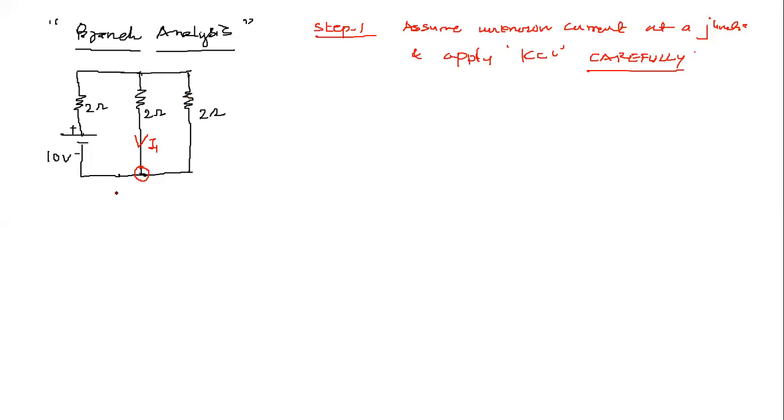So I've chosen a different junction wherein I'll apply KCL. In previous problems, we have seen that whenever the source is there, it is wise to choose that the source is supplying current, rather than taking current.